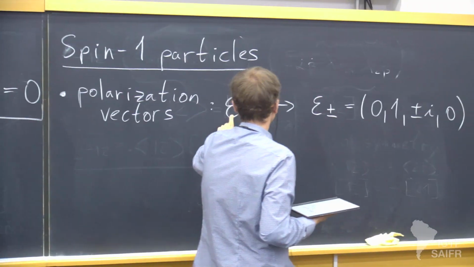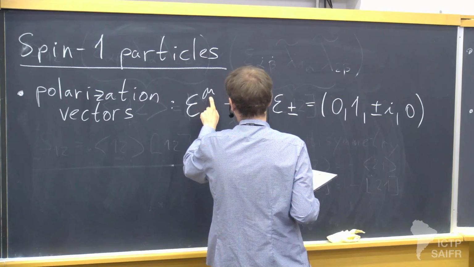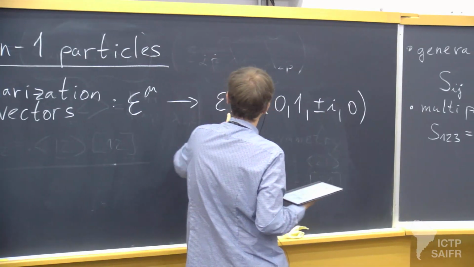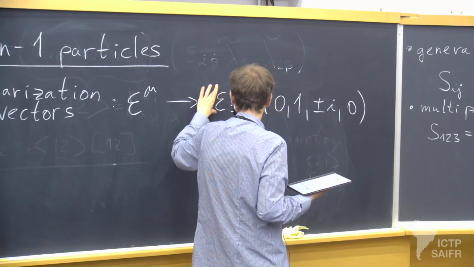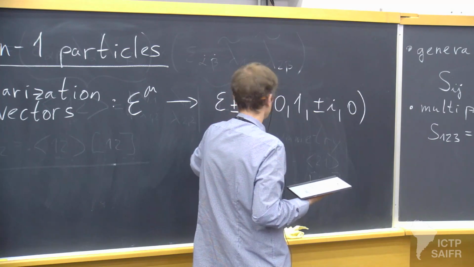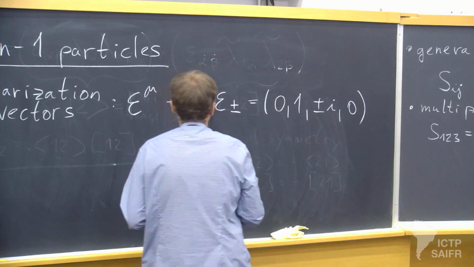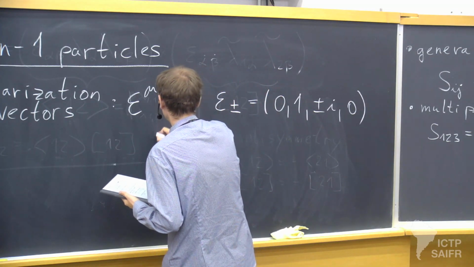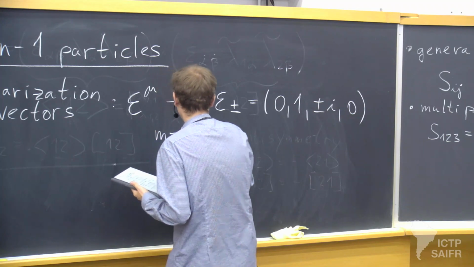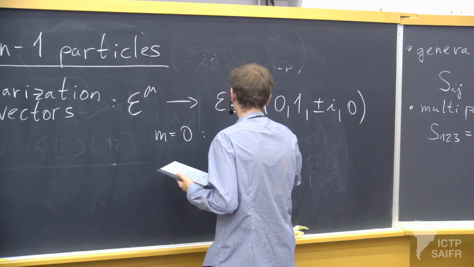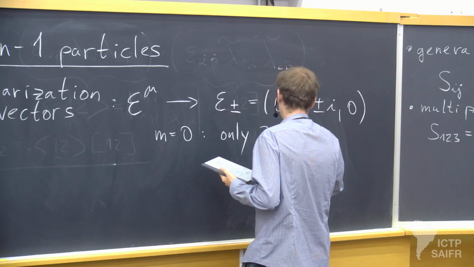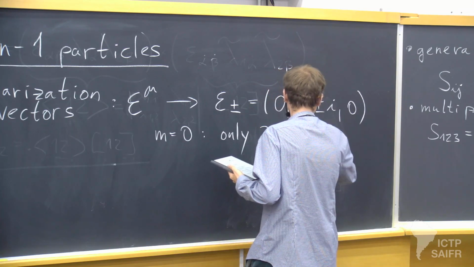The epsilon has 4 components, but it should really capture 2 degrees of freedom for positive and negative helicity. Yeah? Because for massless particles, we have only 2 helicities, plus and minus.